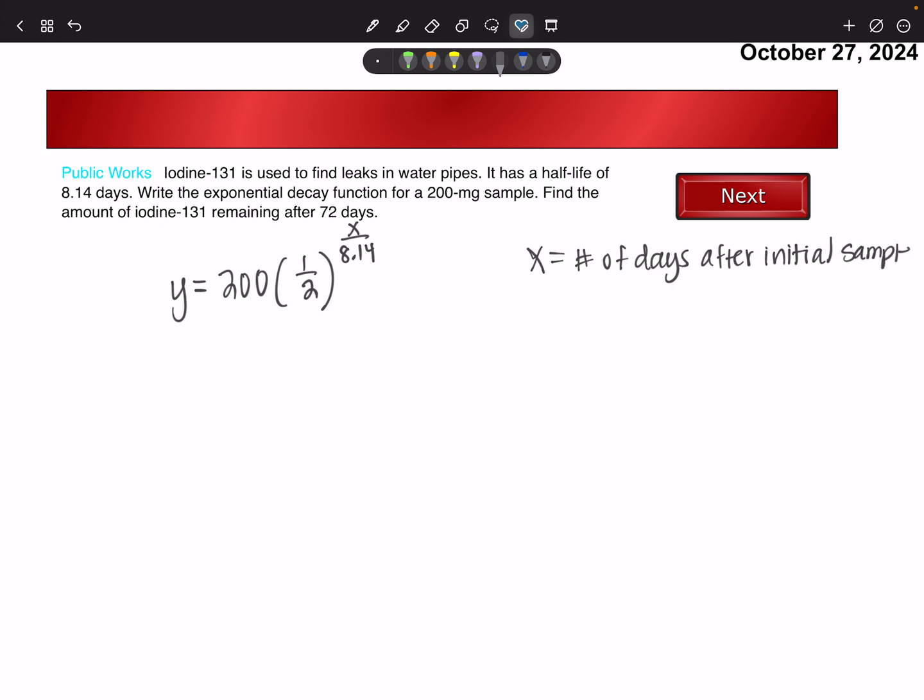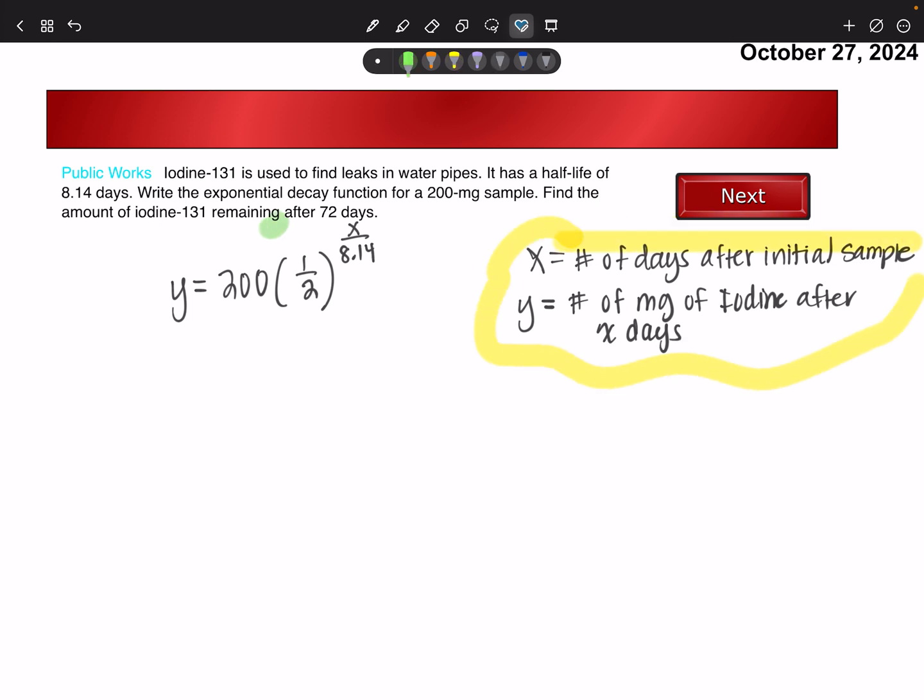And then y is equal to the number of milligrams of iodine after x days. So we've got our variables defined. We've got our function.